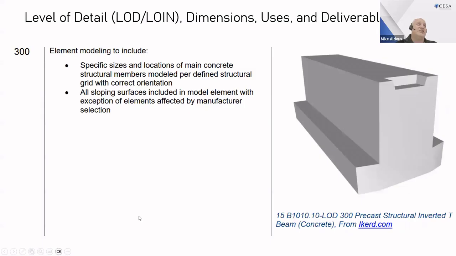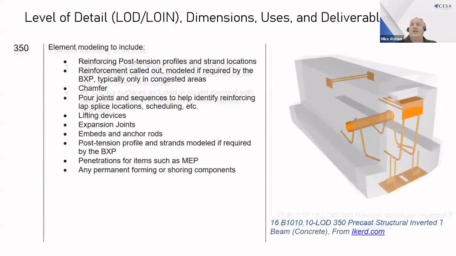If one then looks at level of detail 300, it now has more detail around that particular structural element. We then start moving on to level 350, and now we're starting to see a whole host of other elements built into it. And as you can see, this very quickly starts to scale up in terms of the time taken to actually build this level of detail into your model, and also whether this level of detail actually adds any value to your model in terms of implementation.